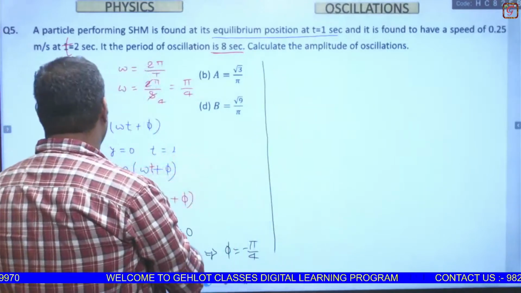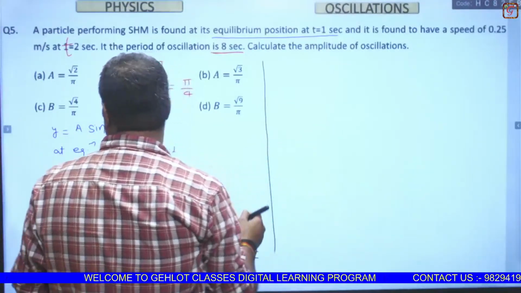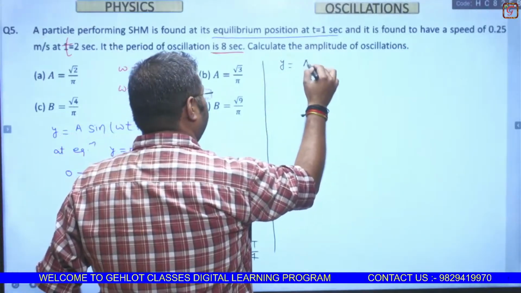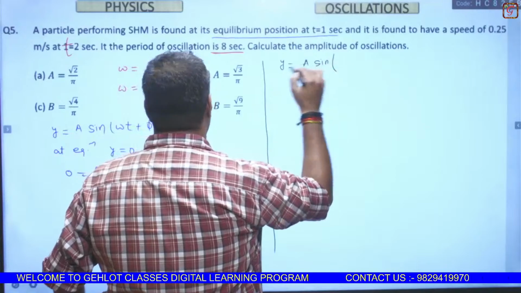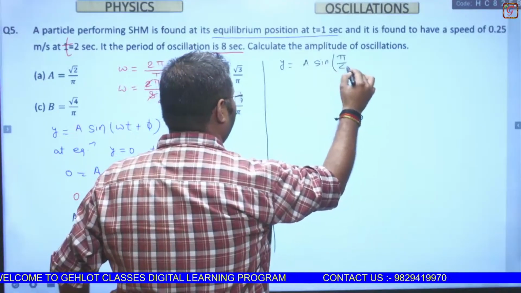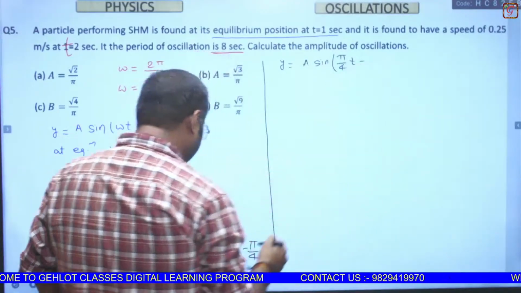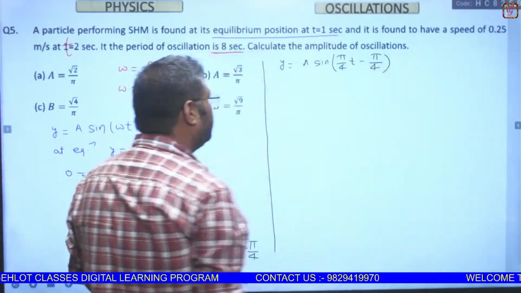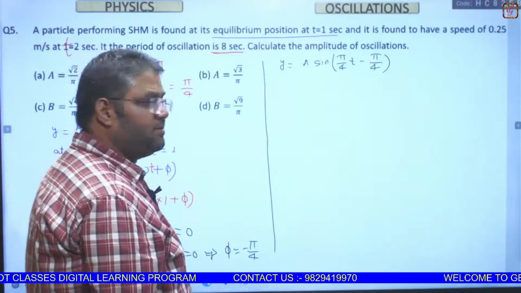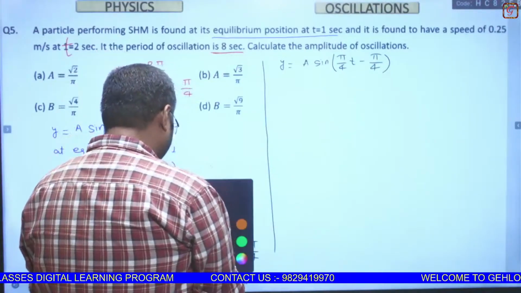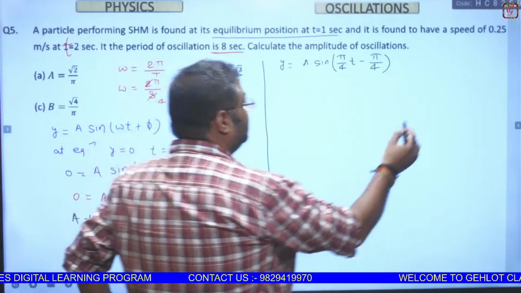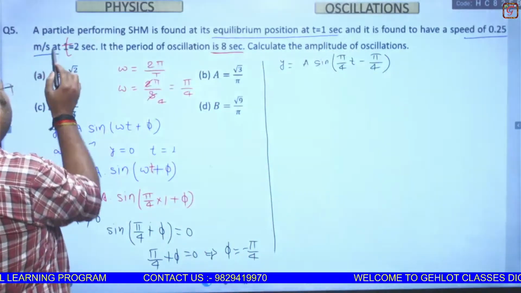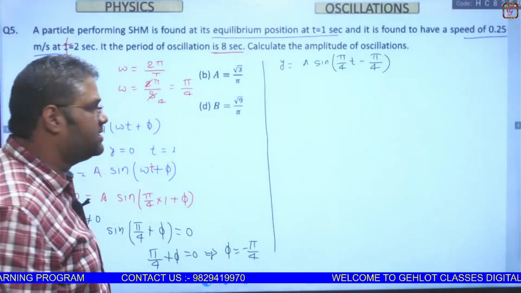So if we substitute this in the equation of displacement, y can be written as a sin(pi by 4 into t minus pi by 4). Now another value is given, the speed of 0.25 meter per second at t equal to 2.